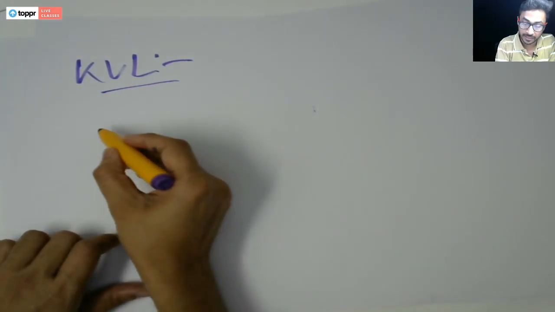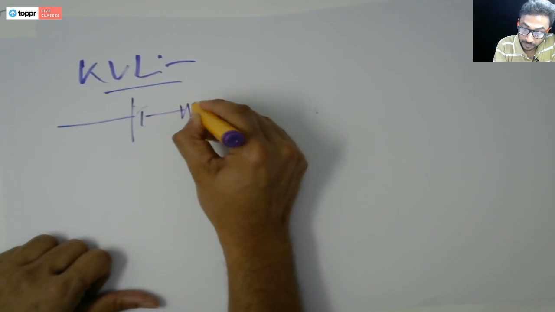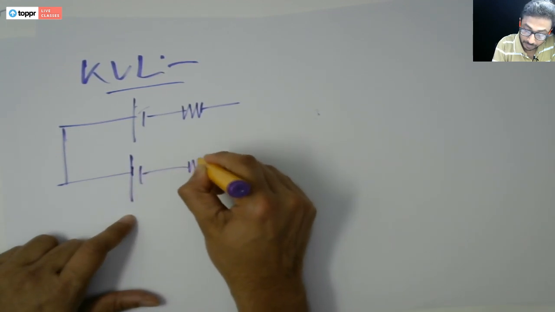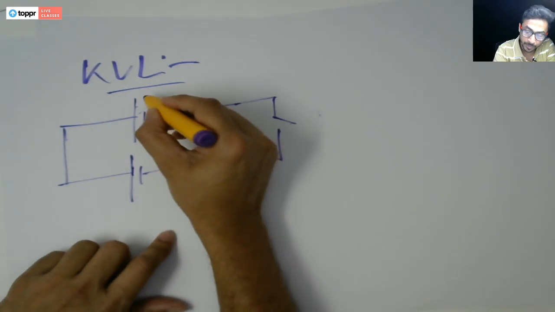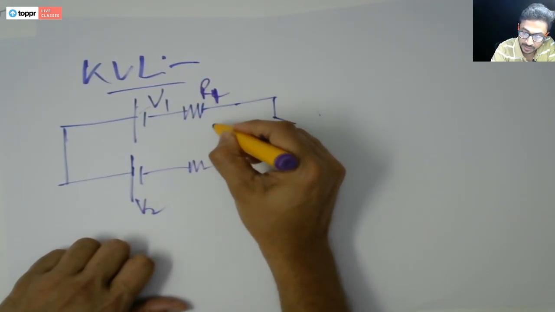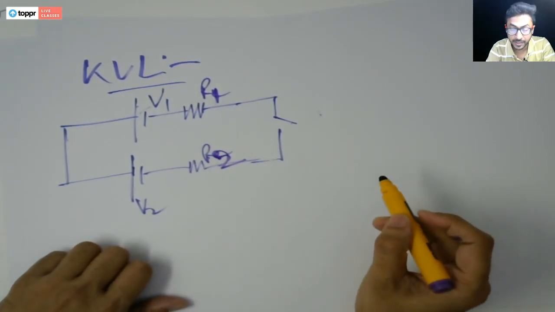Kirchhoff's Voltage Law says that within a loop, say within a loop there are two voltage sources, two resistances, right?